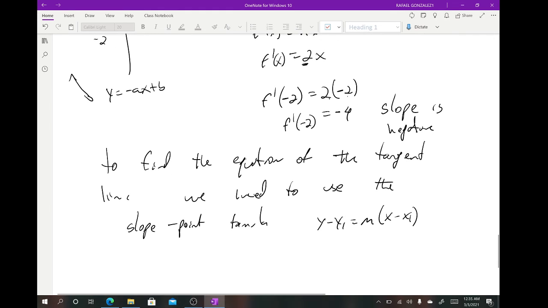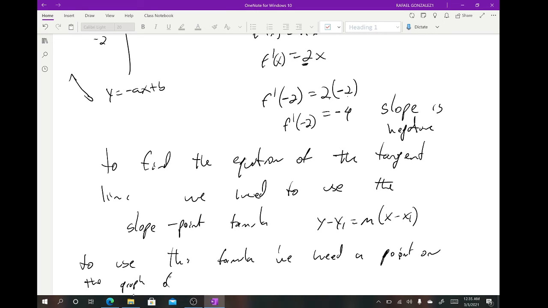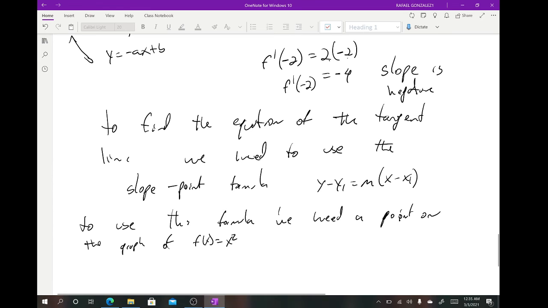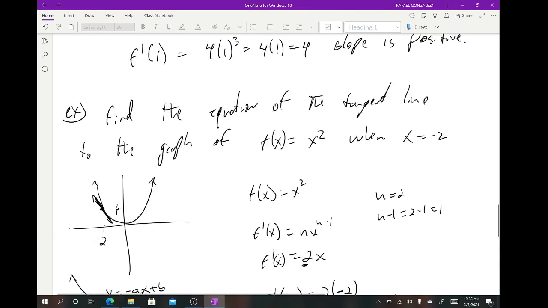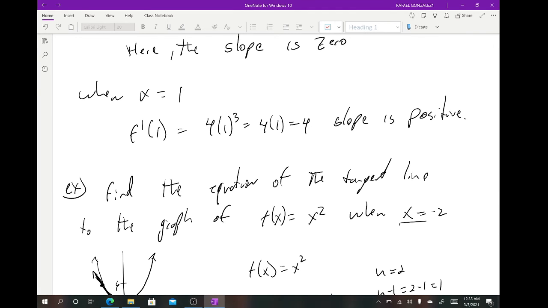All right, but remember, to use this formula, we need a point on the line. We need a point on the graph of f of x equals x squared. We don't have a point right now because we only have the x equals minus 2 piece from the problem. That's all we were given.